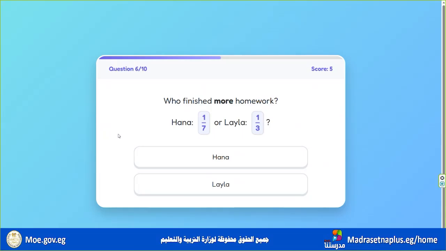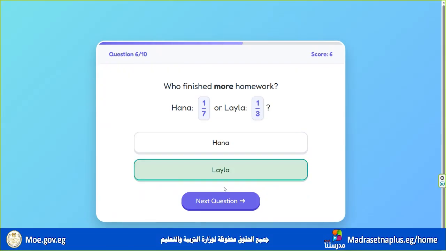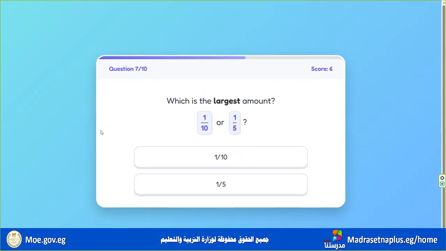Who finished more homework? Hannah 1/7 or Layla 1/3? Yes, 1/3 is bigger. So Layla. Which is the largest amount? 1/10 or 1/5? 1/5.